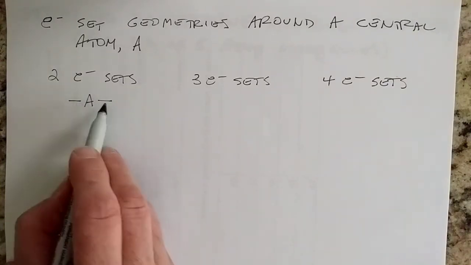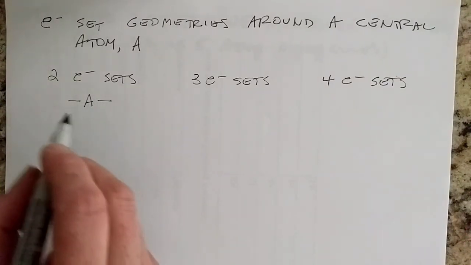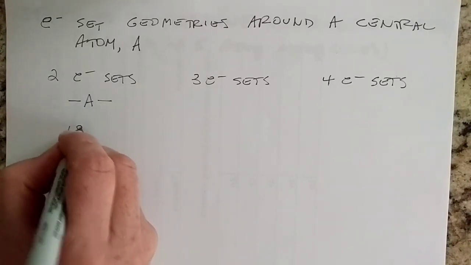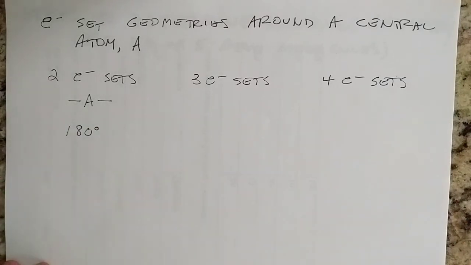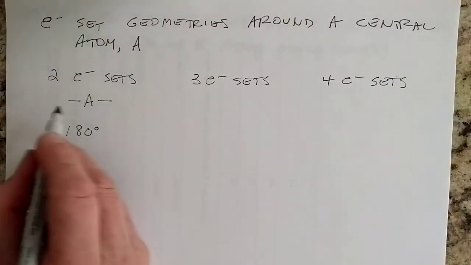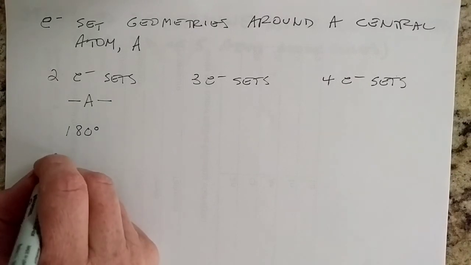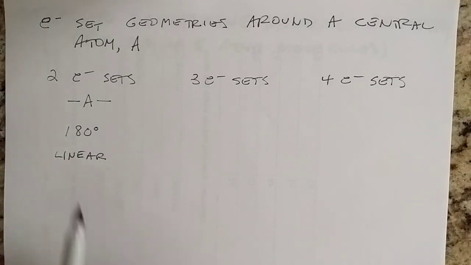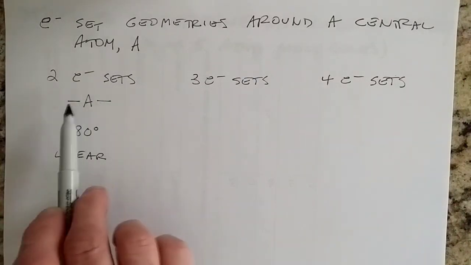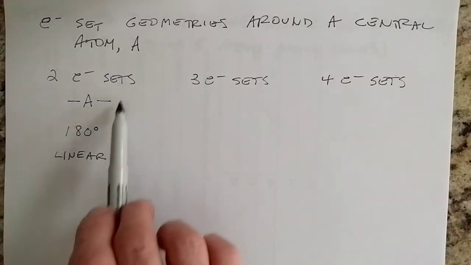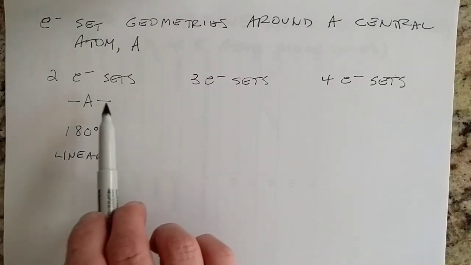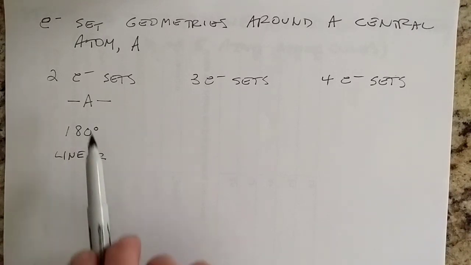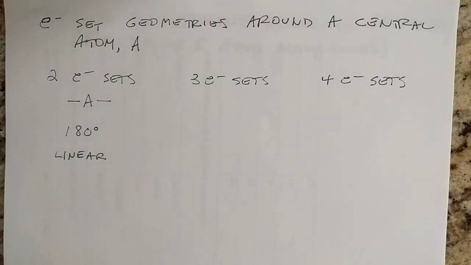So we're just going to designate the sets by a line. So our electron sets then are at a 180-degree angle. They're in a straight line. And we call this geometry of our electron set linear. Just like when we had two atoms, when we have two electron sets, it's called linear. And this right here is called the electron set skeleton. This is the electron set geometry for two electron sets, and that is the skeleton.